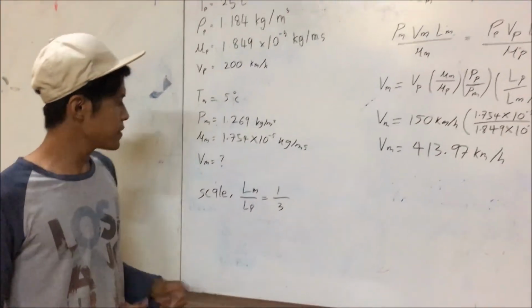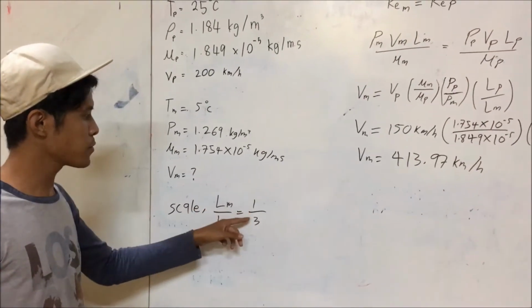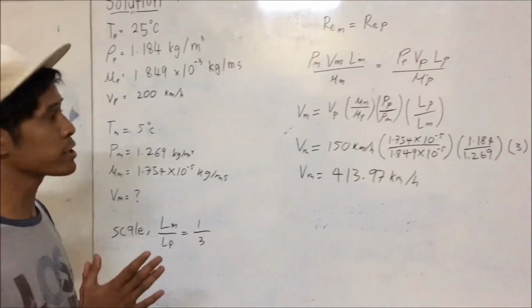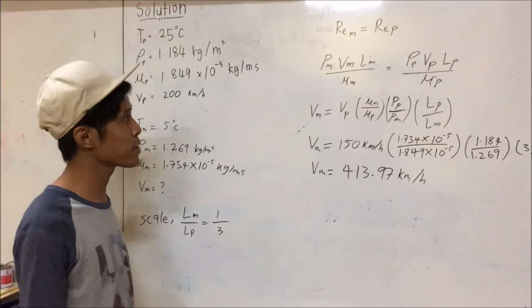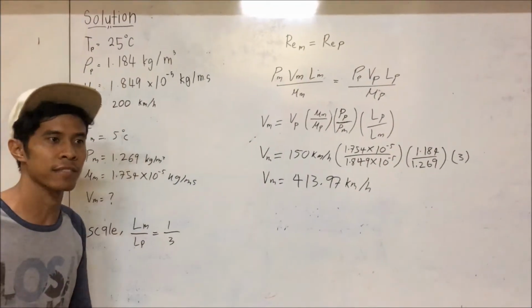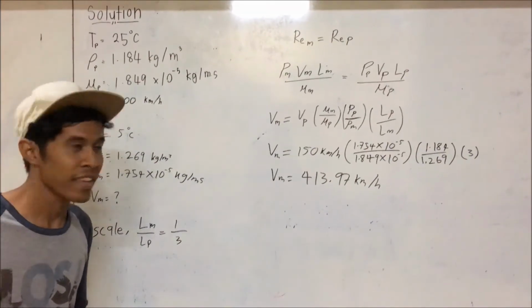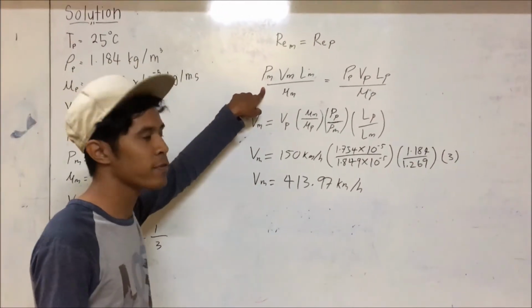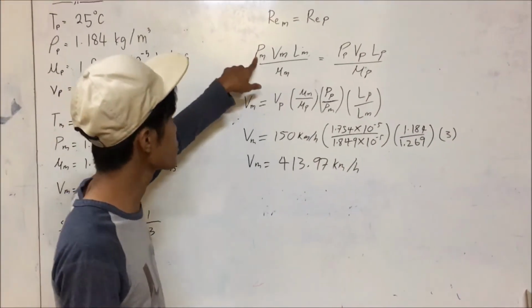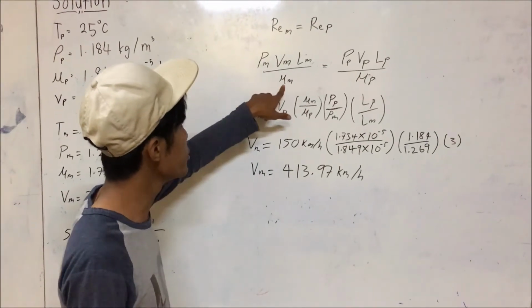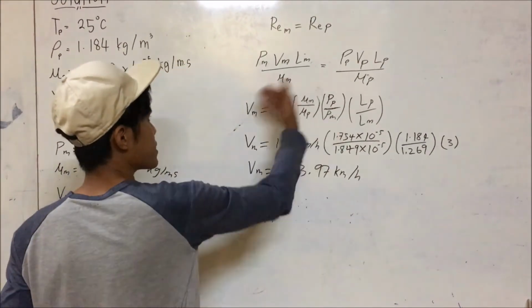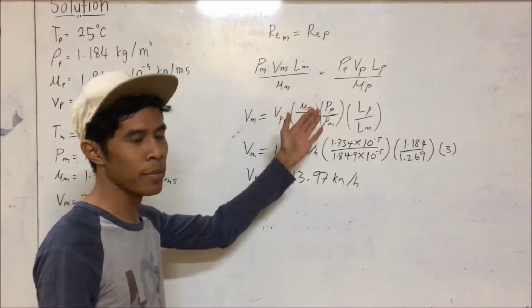The scale that is given is 1/3, and we use the Reynolds number formula, because the Reynolds number is a non-dimensional equation. This is the equation for the Reynolds number, rho V L over mu, and it is the same for the prototype and the model.